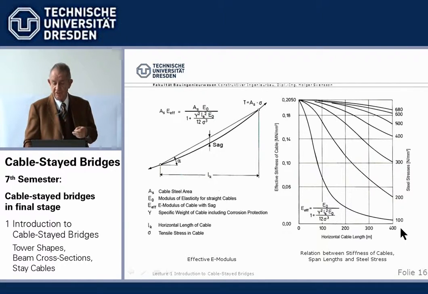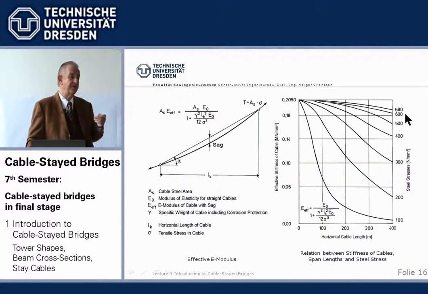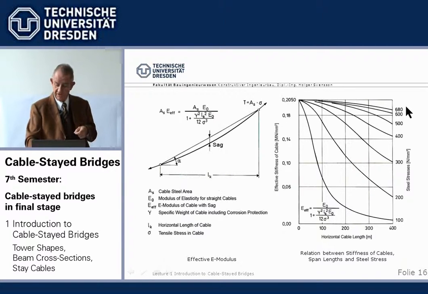If we have very low strength steel, which we cannot stress highly, we lose up here 50% and more. Now this is theoretical. Our systems today play in this upper region where we have a little reduction in E modulus, but not very much. It's not really governing the design anymore.